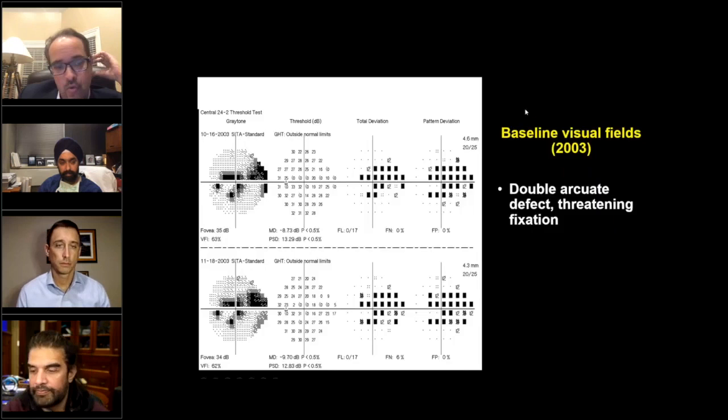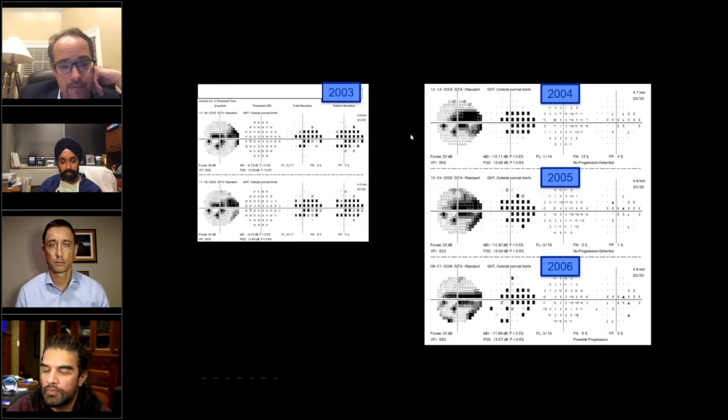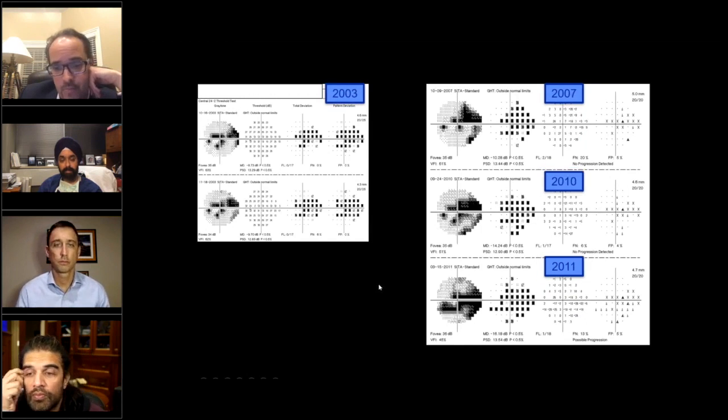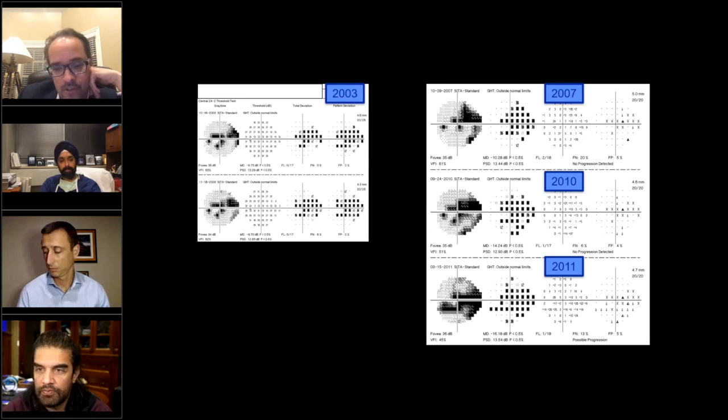But if we look at the visual fields, this patient had a double arcuate defect. You can see on the baseline visual fields, and over time they show progression, extension of that double arcuate defect. You can see here the Humphrey GPA analysis, and if you always compare to the baseline, you can see the triangles showing the areas of worsening.